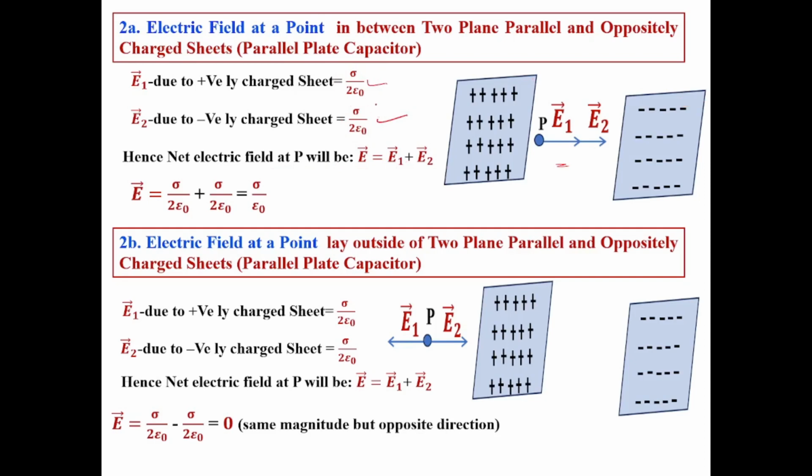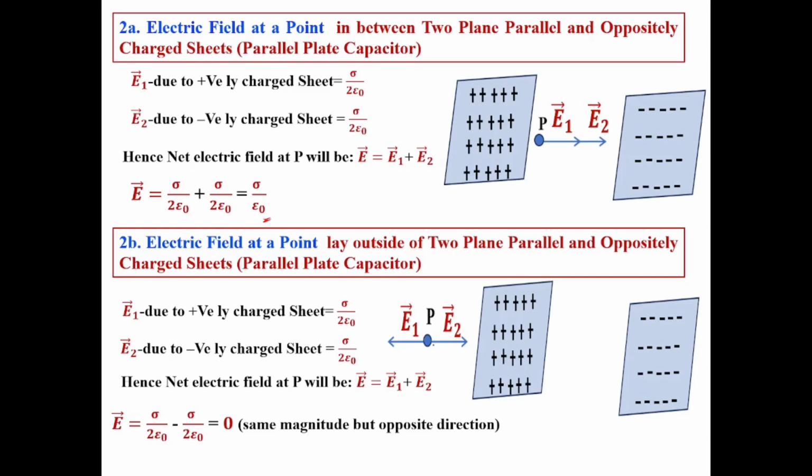The magnitudes are sigma by 2 epsilon 0 plus sigma by 2 epsilon 0, which is sigma by epsilon 0, the most important expression that you have to remember, which will be useful for understanding the dielectric behavior inside a parallel plate capacitor. So inside the parallel plate capacitor, at any point, the electric field intensity will be sigma by epsilon 0.